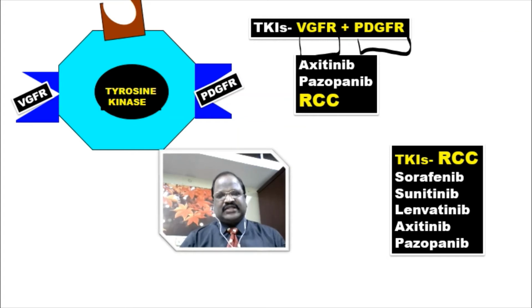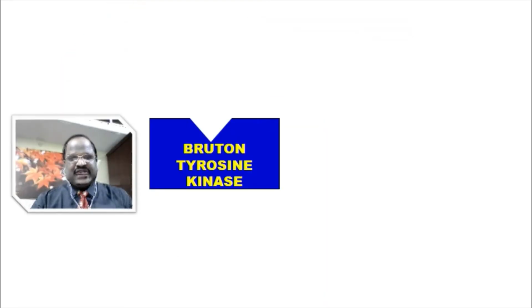That finishes some important multi-targeted tyrosine kinase enzyme inhibitors. And then we have one special type of tyrosine kinase inhibitor called Bruton tyrosine kinase inhibitor. What are the examples for Bruton tyrosine kinase inhibitor?